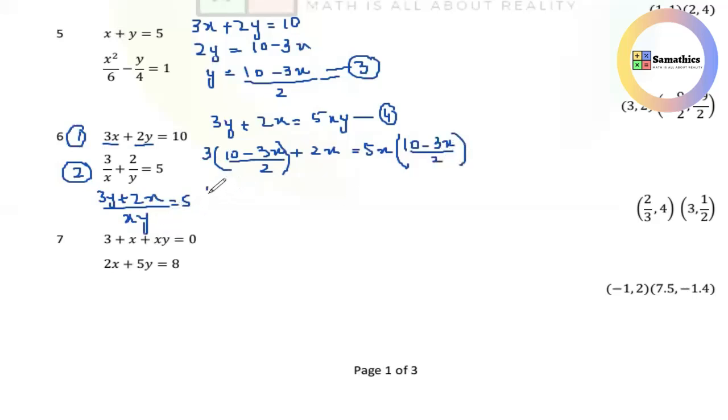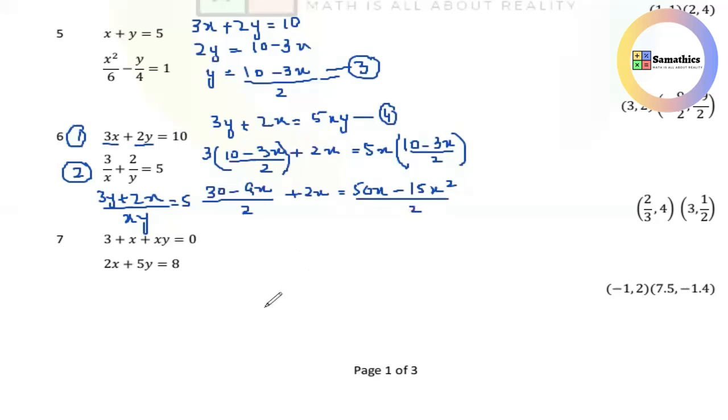We have here (30 minus 9x) upon 2 plus 2x, and here (50x minus 15x squared) upon 2.